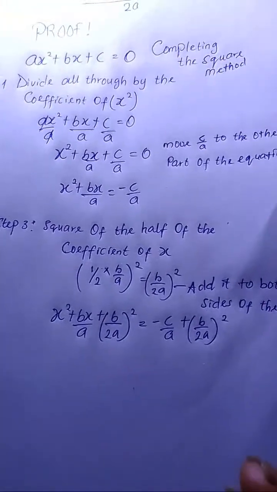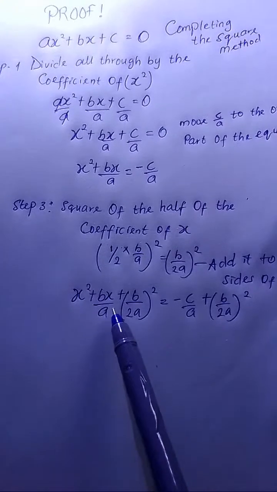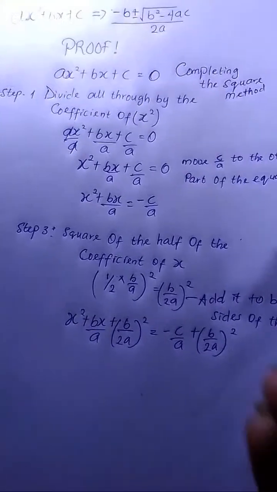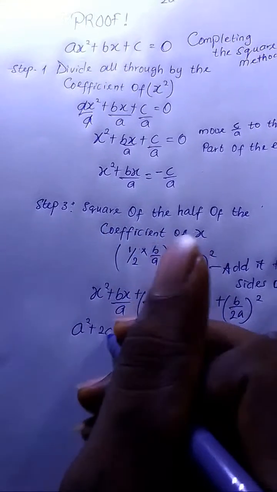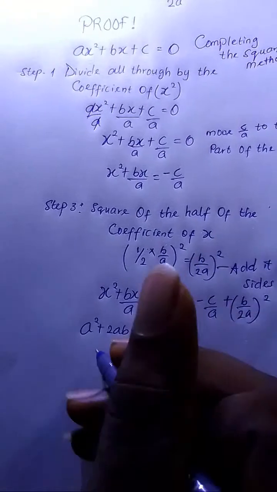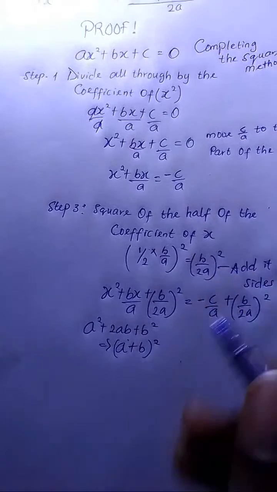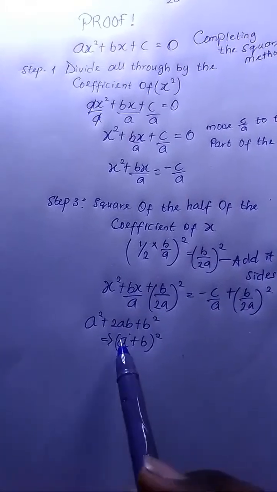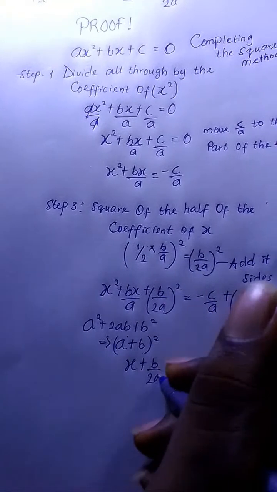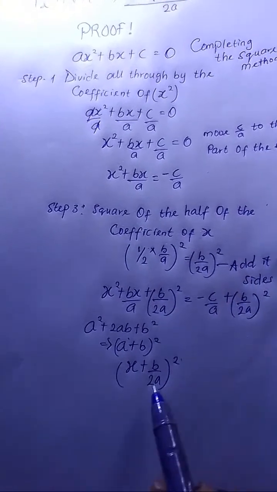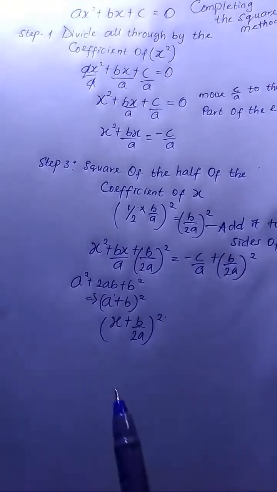We can see x squared plus bx over a plus b over 2a squared altogether. When we have a squared plus 2ab plus b squared, it gives us a plus b squared. So this thing together gives us x plus b over 2a squared. When you expand the bracket, it leads you back to this answer, of course.